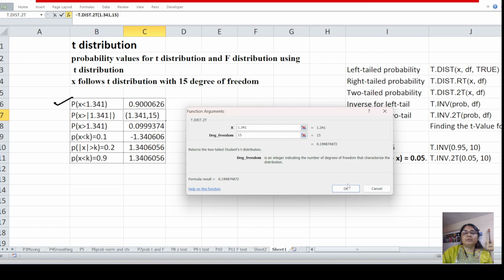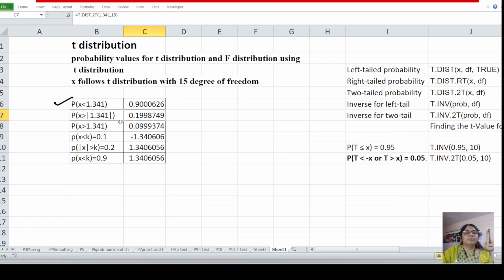So it will give the value 0.1998. This is two-tail, which means it will give left tail plus right tail. The left tail is 0.9, and the right tail will also be the same, 0.09, and when you add these two, you will get 0.1998, right? Now we'll go for the right tail probability.